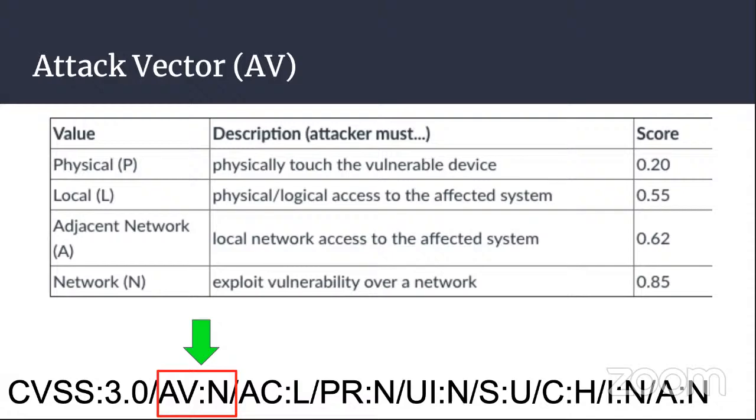So an attacker could get to it through physical, like physically touching the device, local, by being logged in, adjacent, or through the network. You also see a column for the score. This score is part of the overall score for the vulnerability. So if an attacker can exploit a vulnerability through the network, it gets a score of 0.85.